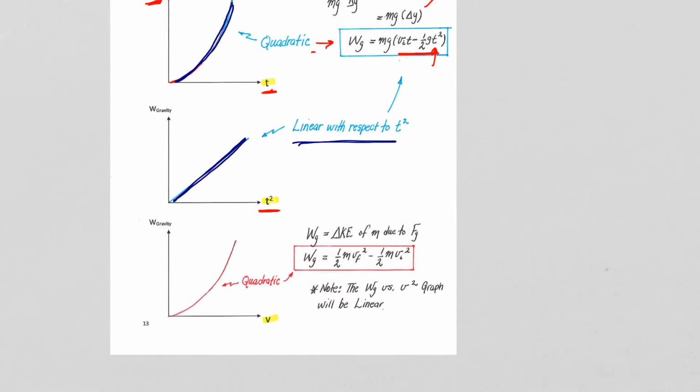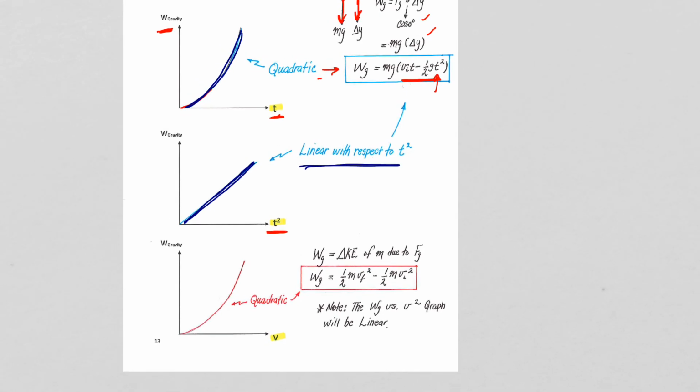The last one I have to show here is velocity. If they were asking about the work done by gravity relative to the speed of an object, we use the work kinetic energy theorem. Since the work done by gravity on an object in free fall will equal the change in the kinetic energy of the object, the work is proportional to v squared, so we get our quadratic when we're plotting it with respect to v.